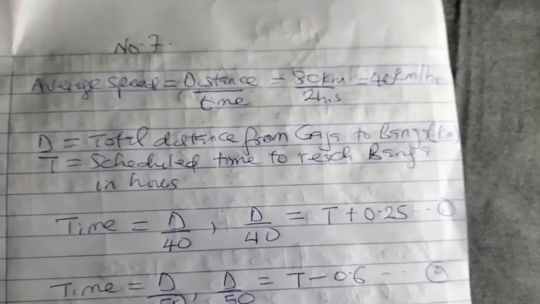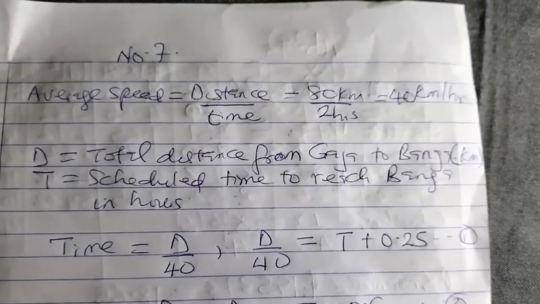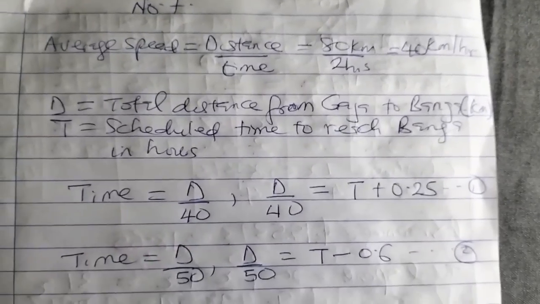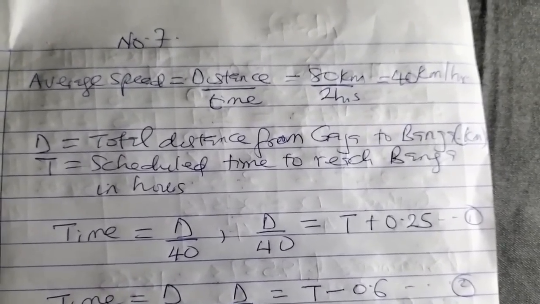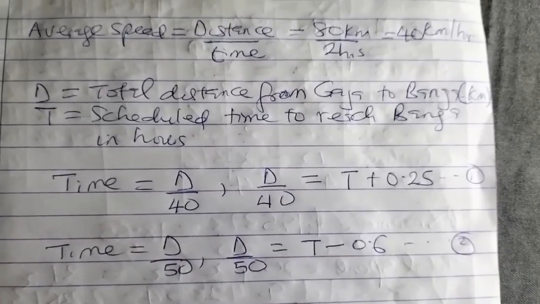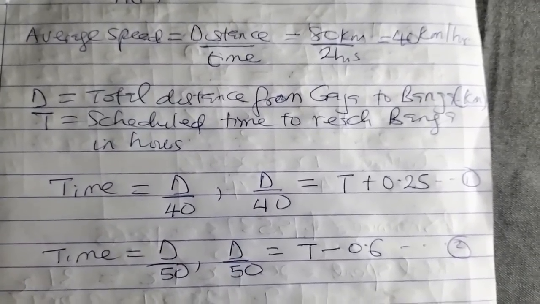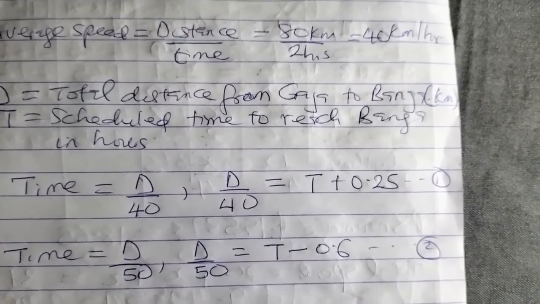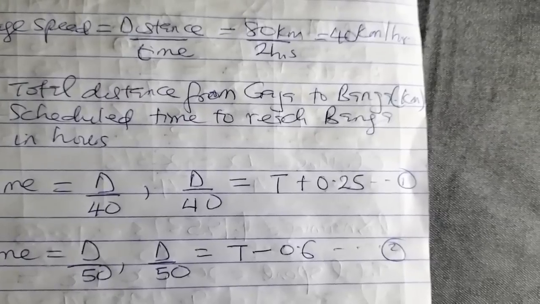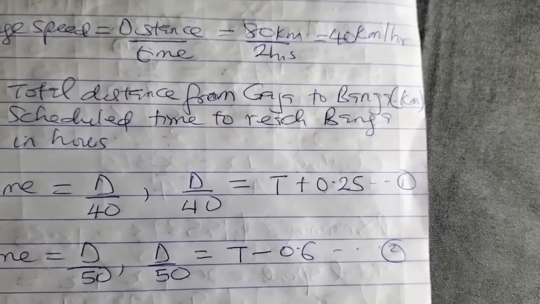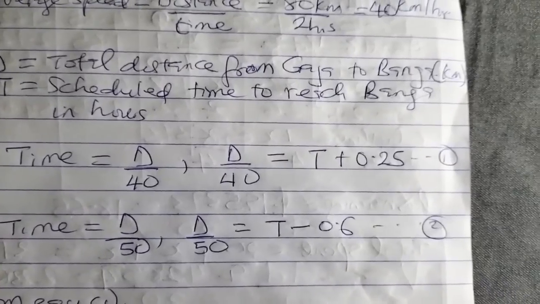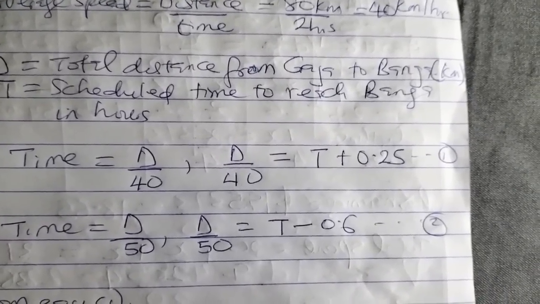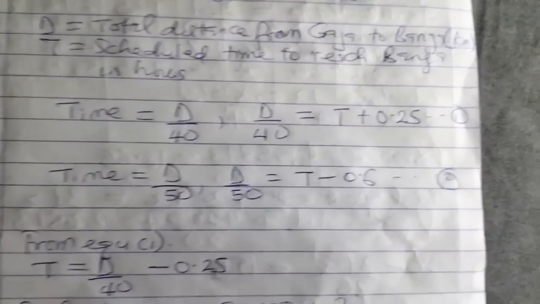So from that formula, making time the subject, time becomes distance over average speed. So time becomes D over 40. 40 is obtained from the equation. D over 40 is equal to T plus 0.25, equation 1. 0.25 represents 15 minutes, because 15 minutes is 15 over 60, that is 0.25 hours.